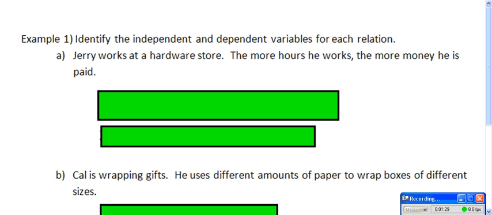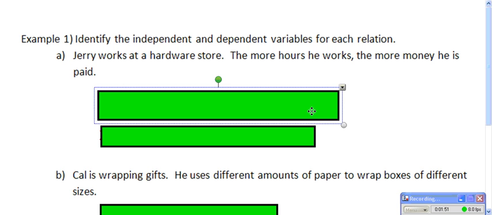In your first example, in example 1, you need to identify the independent and dependent variables for each relation. A, Jerry works at a hardware store. The more hours he works, the more money he is paid. In this situation, the independent, the one that we can control, would be the number of hours worked.